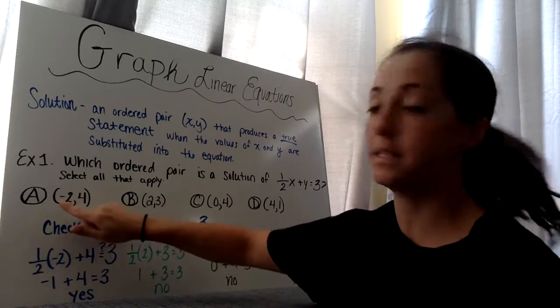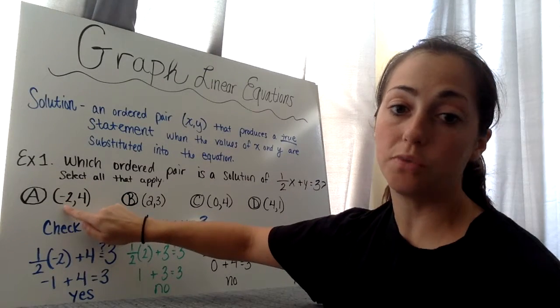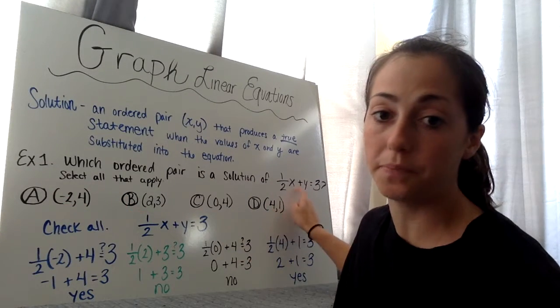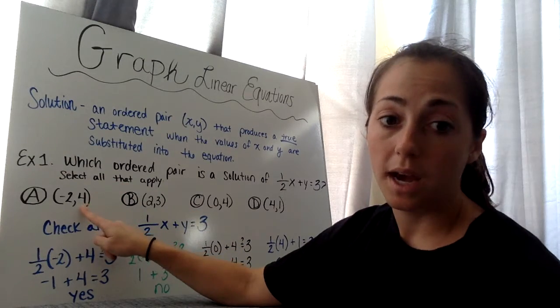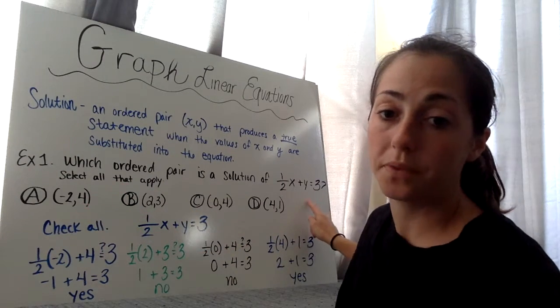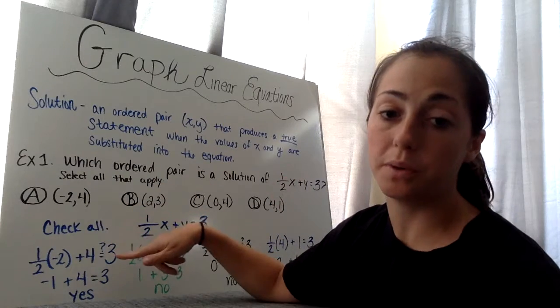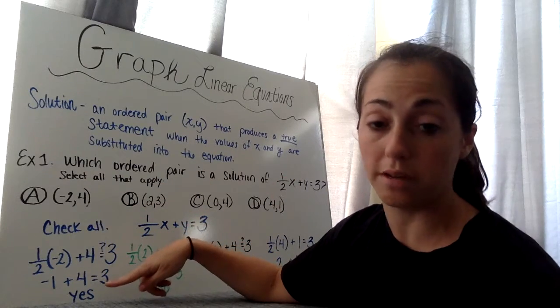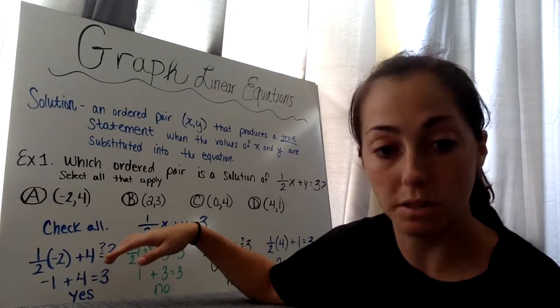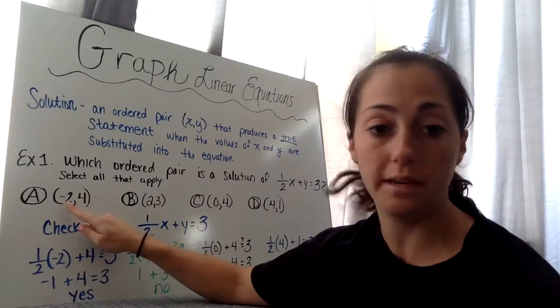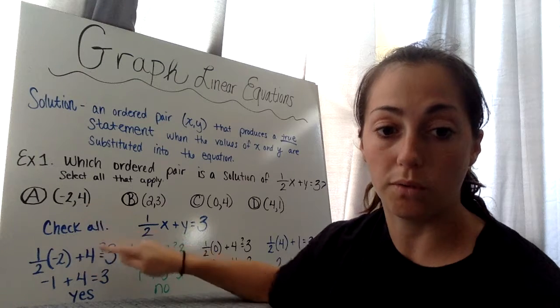So what you're doing is you're plugging in the -2 for the x variable, because it's an xy ordered pair, always. And then the 4 goes in for the y, and then you check if it's true. If it's true, then it is a solution. If it's not true, then if it's false, then it's not a solution. So we're plugging in -2 for x and 4 for y.